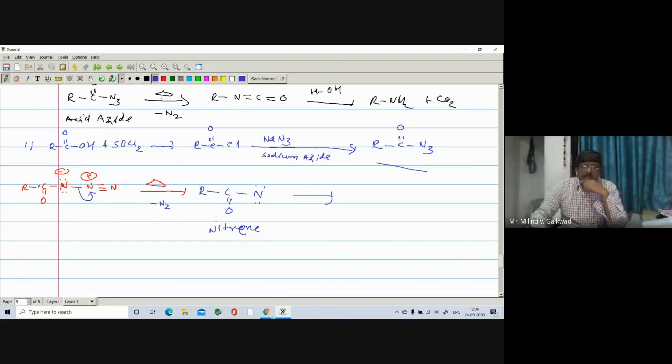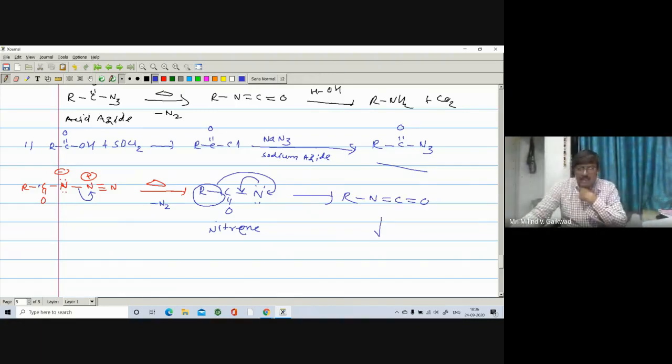The formation of nitrene: R along with its electron pair will attack the nitrogen, the carbon becomes positive, so this negative will shift here, and this R will attack the nitrogen. There is a formation of a double bond and there is an oxygen.